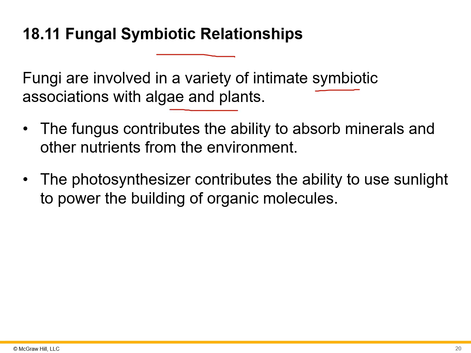So the fungus helps the other organism absorb minerals. So all those hyphae that are extending out, they help absorb different minerals and nutrients that are provided to the algae or to the plant. Again, the photosynthesizers, though, the algae or the plants, of course, then provide them with organic molecules. So they can use the sun, they're autotrophs, but they provide those organic materials for the heterotrophic fungi.